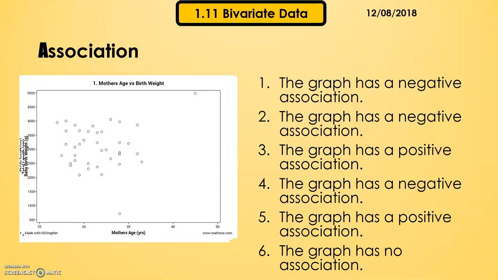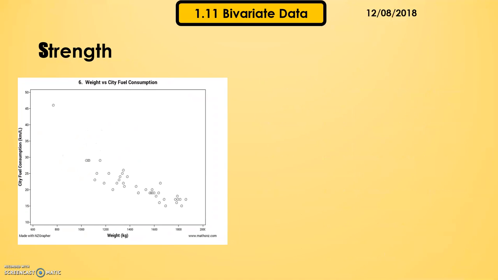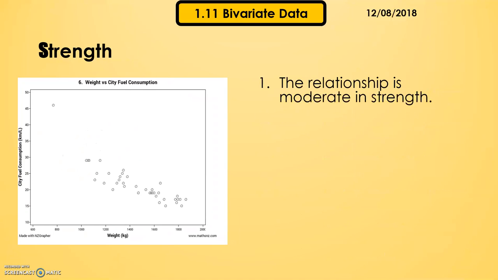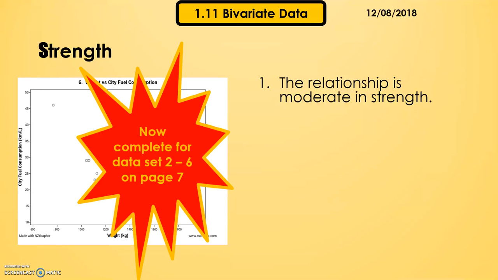We've already said there is no association for the mother's age and baby weight. Strength: we've said this is a moderate strength. So again, pause the video and then on page 7, fill in your answers and then come back and we'll check the answers when you're ready.